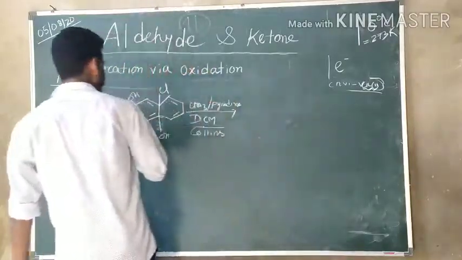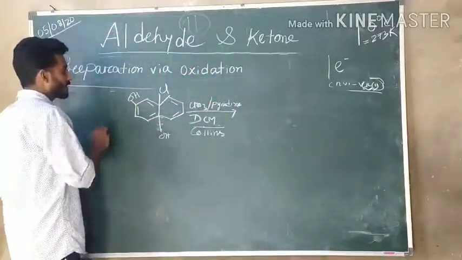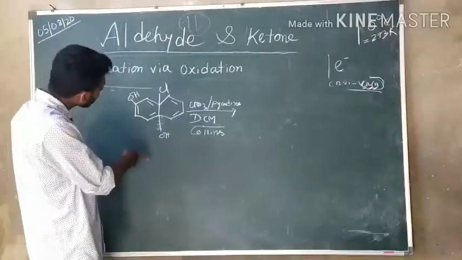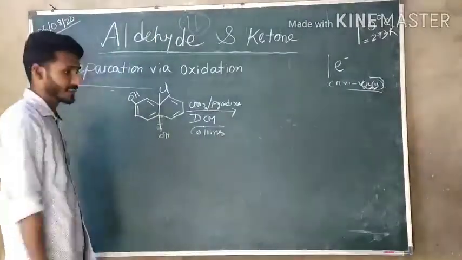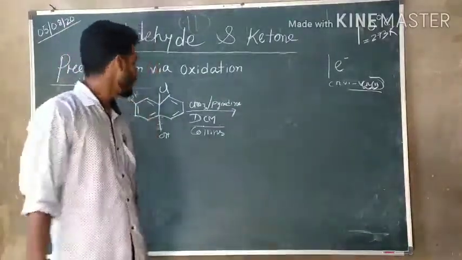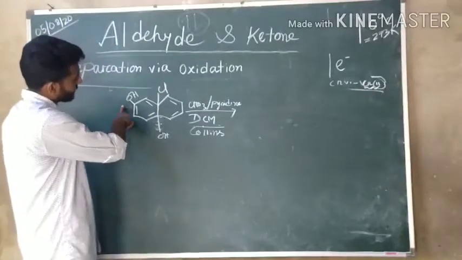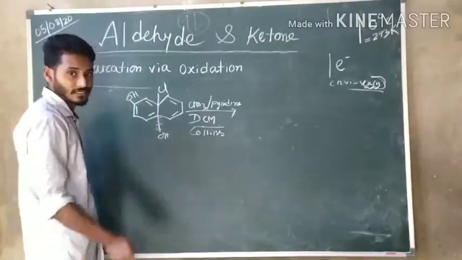Now, you see, there are two types of alcohol in this compound. Which one will be oxidized to aldehyde? It will be this one, because this is secondary, this is tertiary.